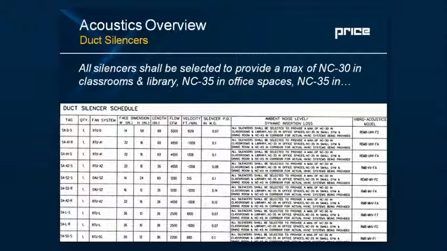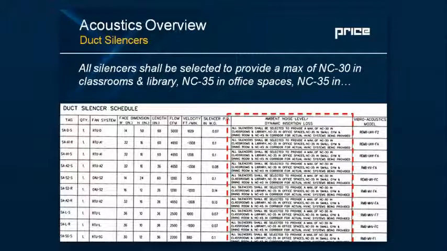So again, when we talked earlier about the difference between power and pressure, it has to be a straightforward description of what the silencer is doing, because when you're selecting mechanical equipment, you cannot make statements such as, all air handling units shall be selected to provide sufficient air for occupants.